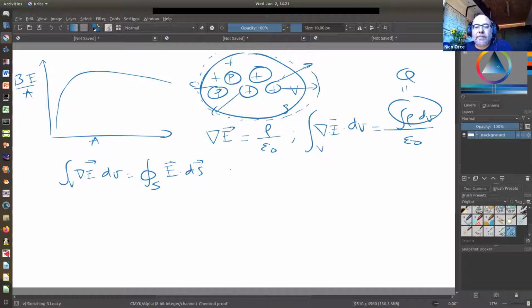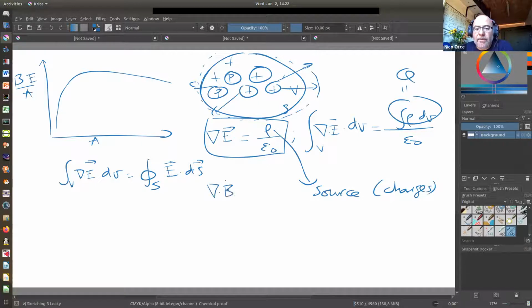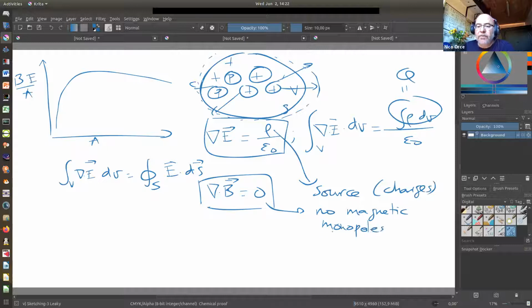So basically, from Maxwell equation, the first Maxwell equation, it tells us that the electric field is created by this source, in particular, source of charges, right? Like in our case, we remember we have the divergence of B is equal to 0. So that's why the other day we said that there's no magnetic monopoles, because no one has found them, although many people are looking for them.